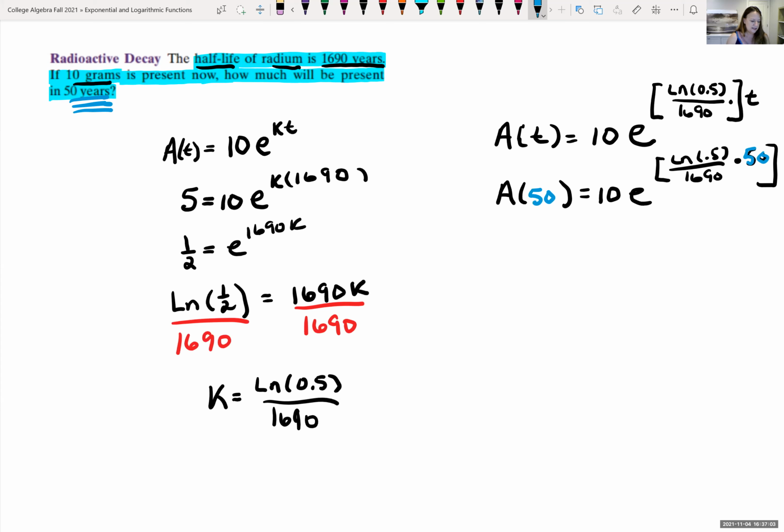And if I do that, I get 9.8 grams. Okay, so after 50 years, the organism that died, that originally had 10 grams, is now 9.8 grams.